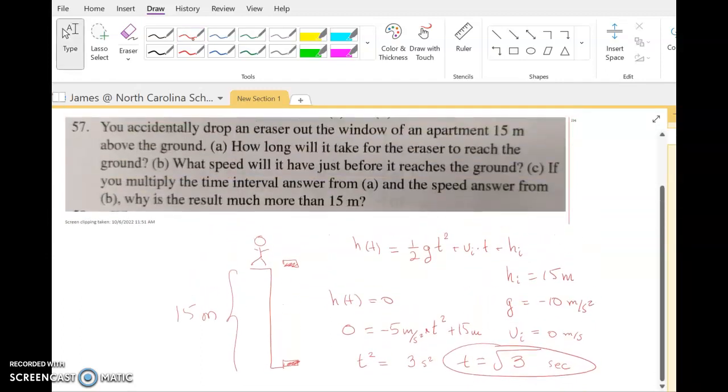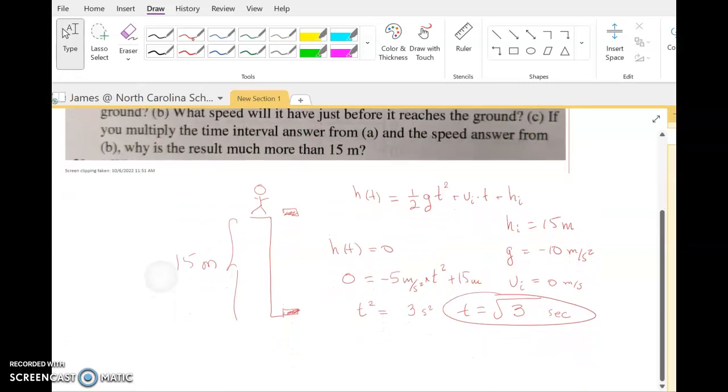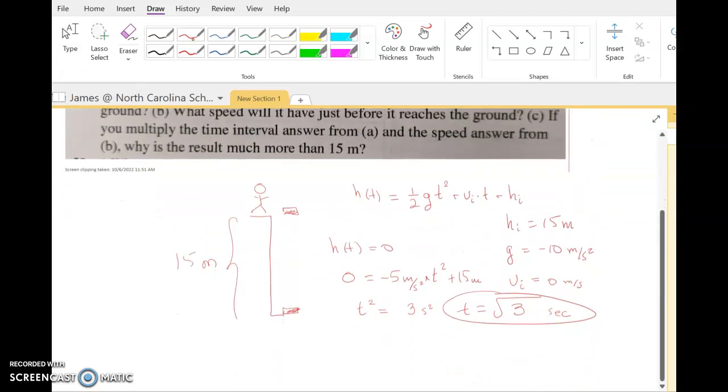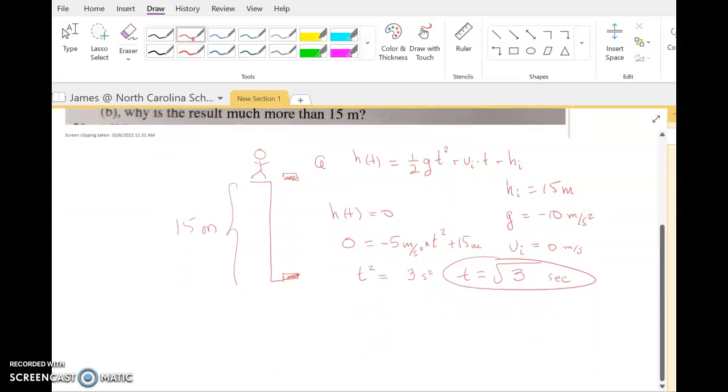Okay, now part B says at what speed will it reach the ground? So this was part A up here. And now in part B, how fast is it going when it reaches the ground? Well, another useful relationship here is that the speed of something under a constant acceleration a can be given by this.